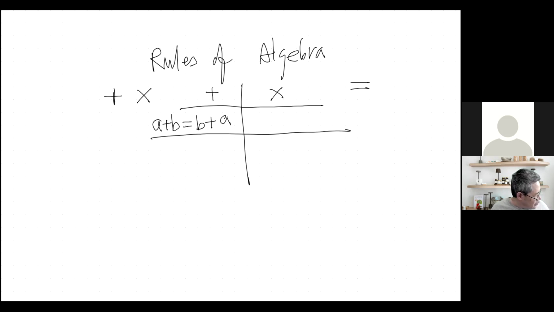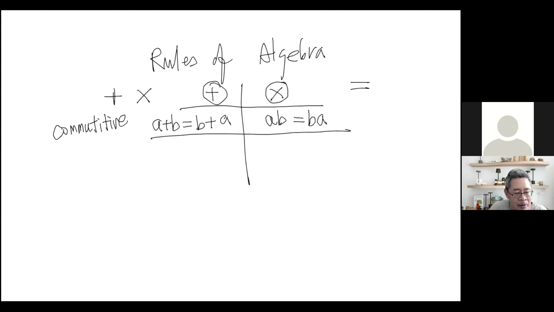I think it's associative. No, it's not associative. It's called commutative. So A times B equals B times A. That means as far as the operators are concerned, the order really doesn't matter. And this is the first one.